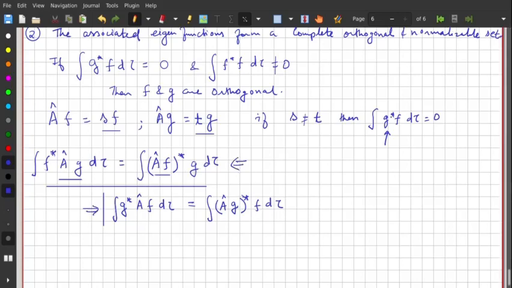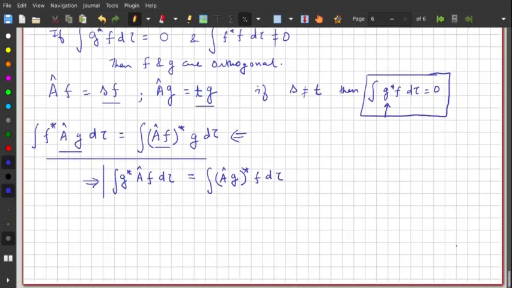There is no difference, just the way we are casting it to prove the result. Since here we want g star, that's why we keep g star here, and that's why we are using this definition for writing the Hermitian operator definition. Now we'll just use the identity that we already have, which is A hat f is sf and A hat g is tg.